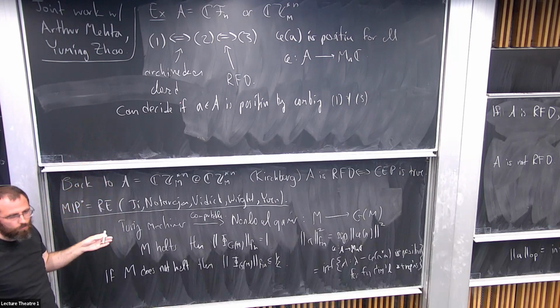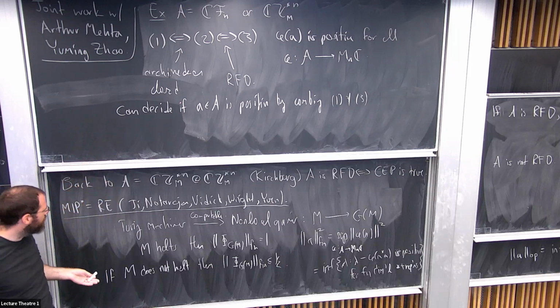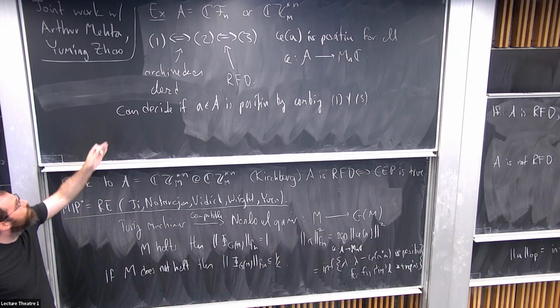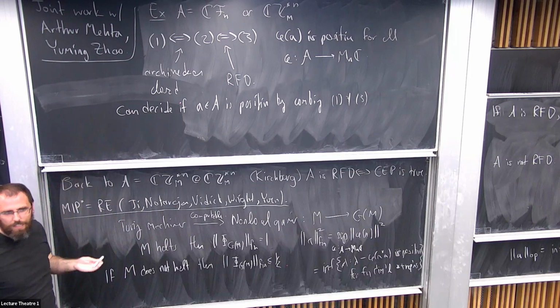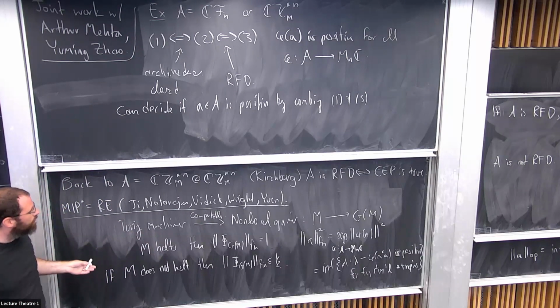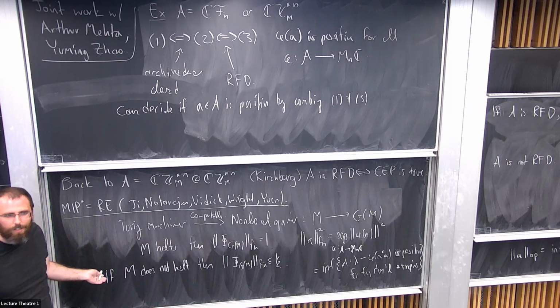We guess we probably can't do that, because we can't do it for this finite norm. But let's check whether the 1 if and only if 2 breaks, or maybe it does hold. The point of doing that in the context of this MIP* equals RE theorem is to ask what it tells us about how we should approach the problem. We should look for some computability way of trying to show that it's not true.